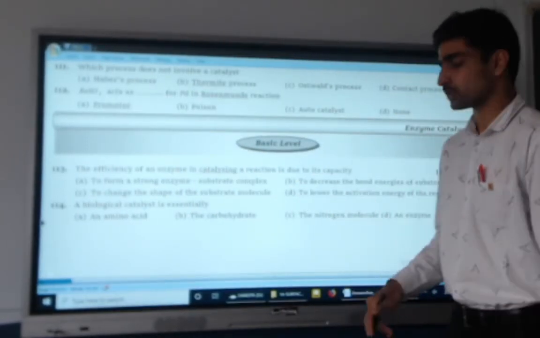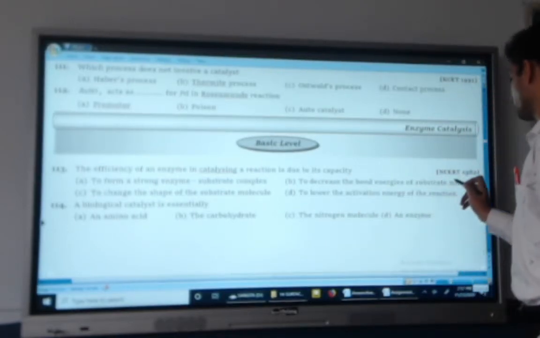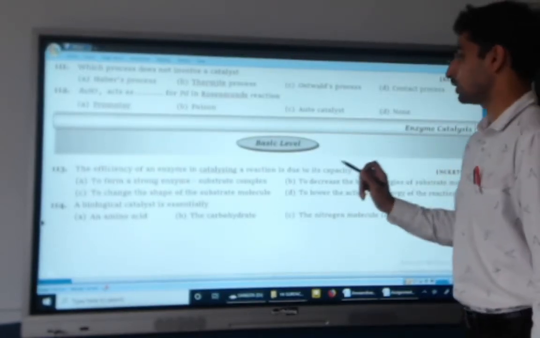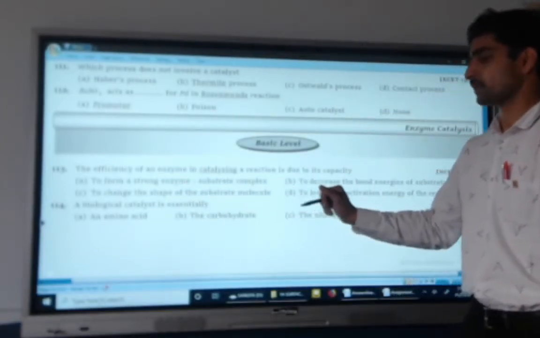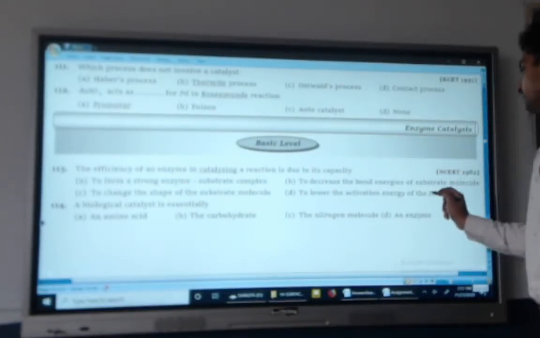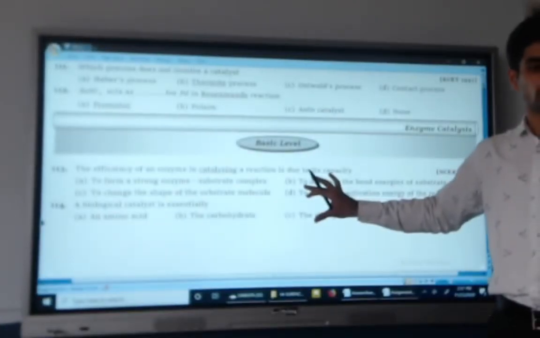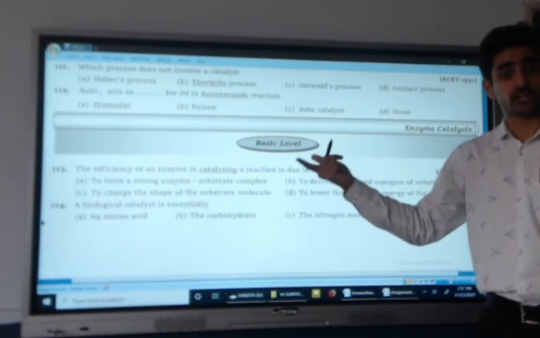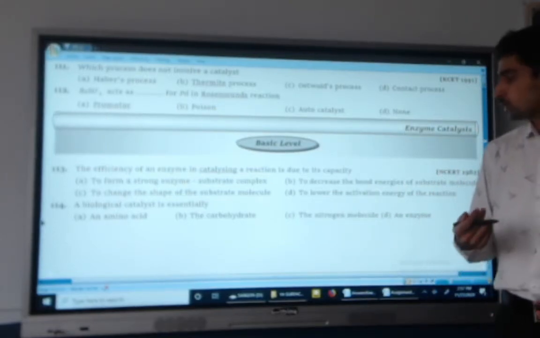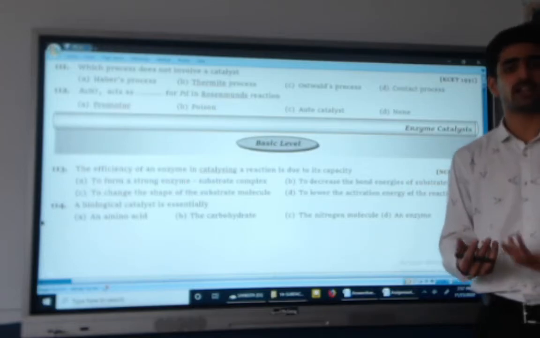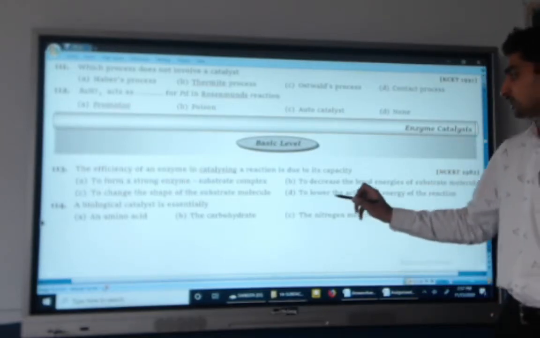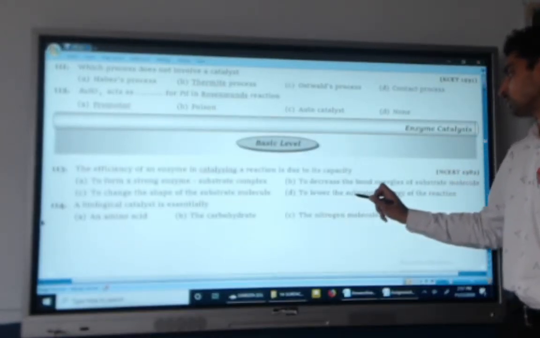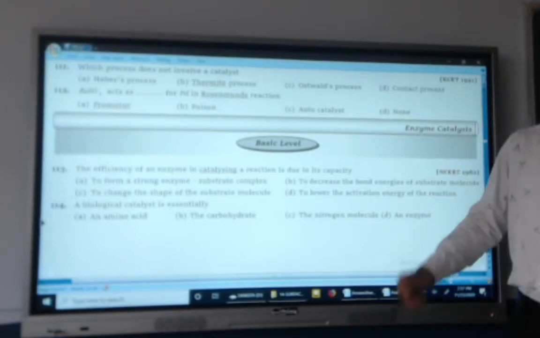Also possible: to decrease the bond energy of the substrate molecule, to change the shape of the substrate molecule, to lower the activation energy of the reaction. So always remember, enzymes are also biological catalysts. Their work is also to decrease or increase the rate of reaction by changing the activation energy. So I am going with the option to lower the activation energy of the reaction.